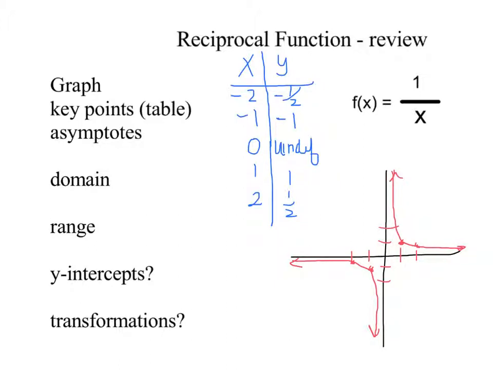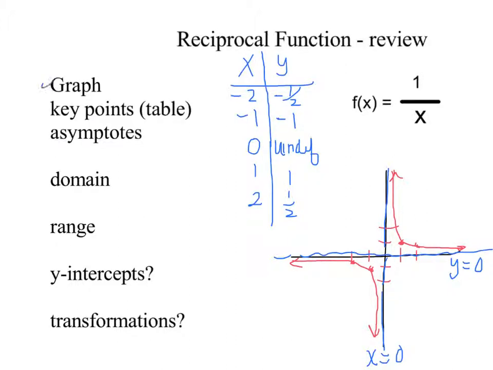We have two asymptotes. We have one right here, and that's the line x equals 0. That's a vertical asymptote. And then we have another asymptote along the x-axis, which is the graph y equals 0.